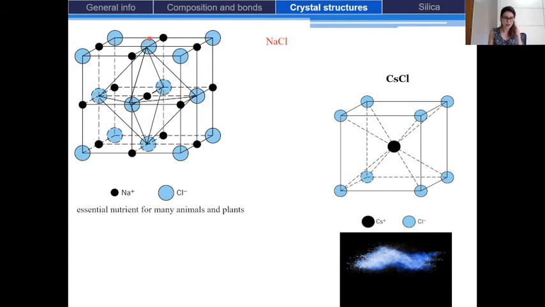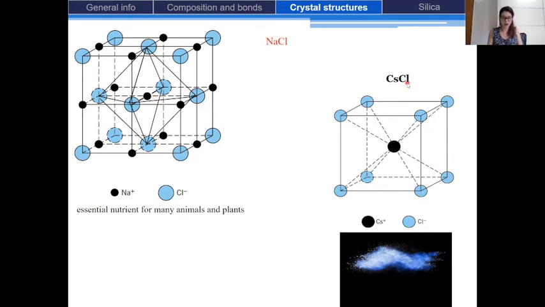Okay, so in that case, you have chlorine, which is an ion placed in this FCC structure, and you have sodium cations that are placed in the center of each edge of this cube, and one more is placed in the center right here of the unit cell.